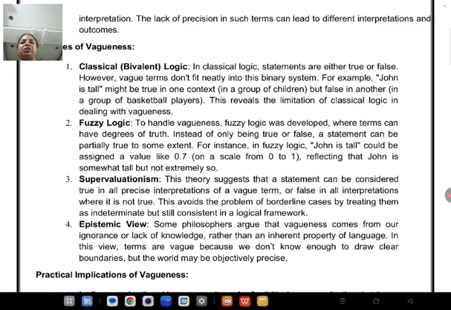For example, if you are giving information regarding a group of children or a group of basketball players, such as John is tall, in which context are you saying John is tall? If you are considering a group of people and saying one particular person is tall, that is one type of context, and another one is regarding the players.